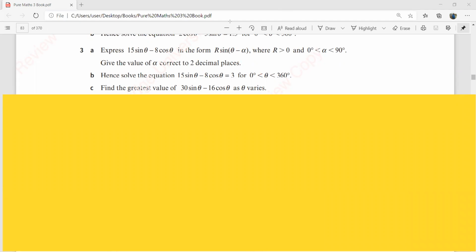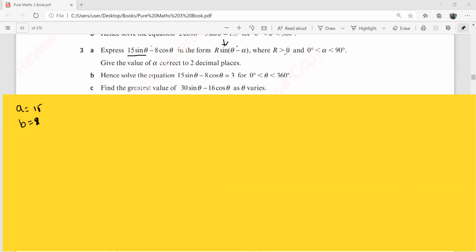The third question says express 15 sine theta minus 8 cos theta into this form. You see, this is starting from the sine term, and you have to write this in terms of sine. And there is a minus over here, and a minus over here. So we have no problem saying my A is 15 and my B is 8.